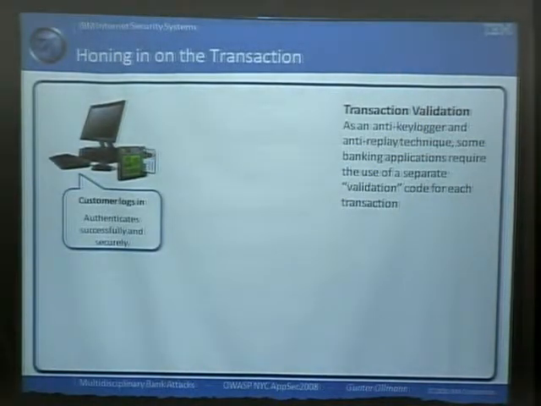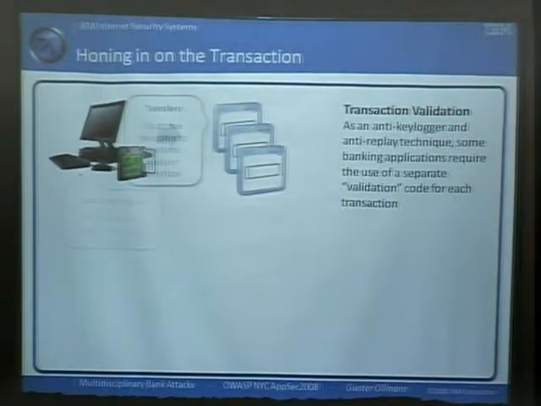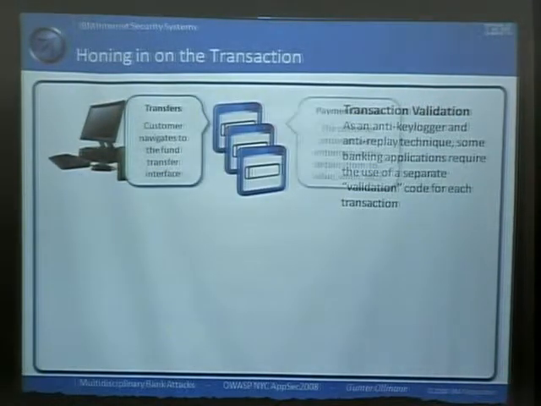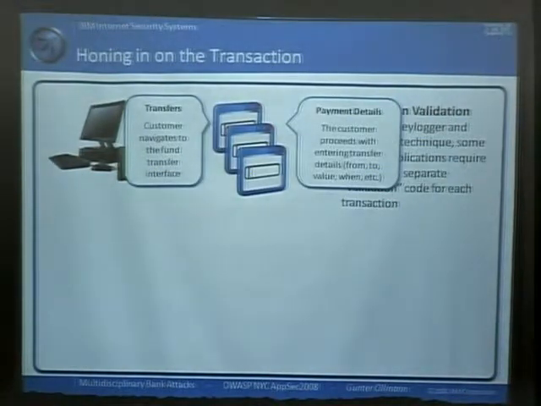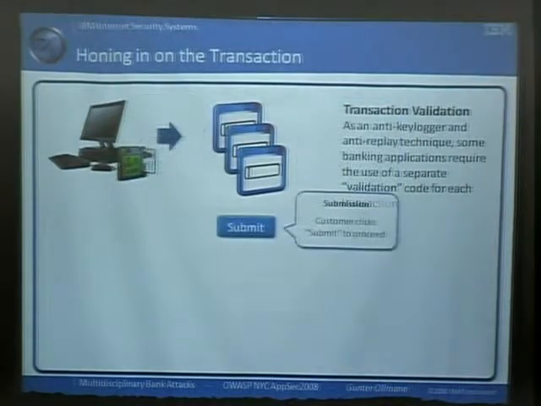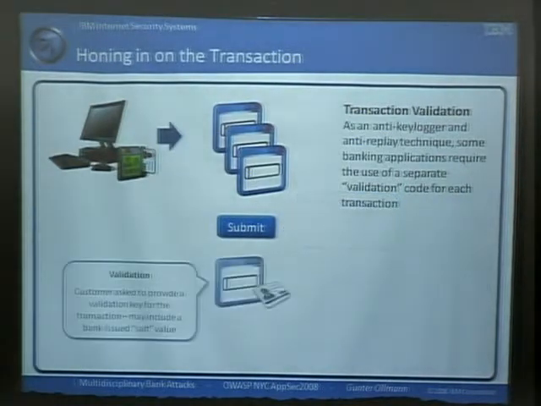So let's look at the transaction validation. What you normally expect is, to do a transaction online, you'll supply several different pieces of information. You'll have to supply who it's going to go to, how much it's going to be, and basically click OK or submit. And so to prevent additional transactions actually occurring, most banks now ask for a validation code.